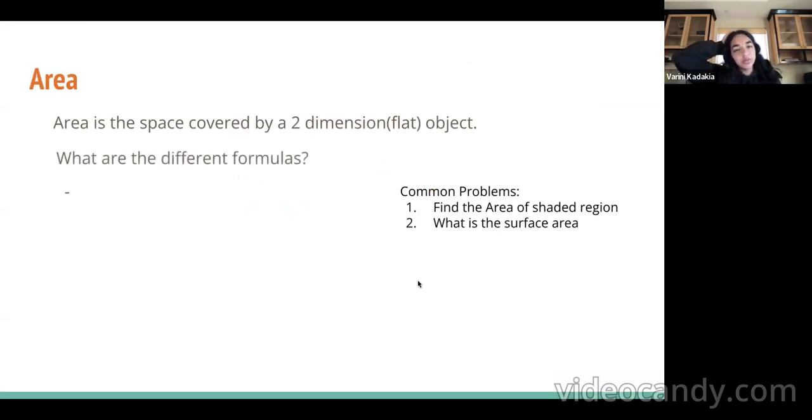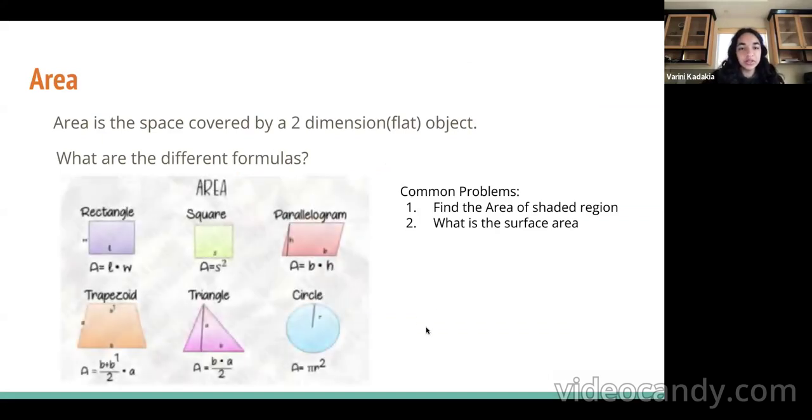So, we briefly went over area before, but area is the space covered by a two-dimensional or flat object. The different formulas are listed here, so you guys can copy these down so that later on we can use them as well.